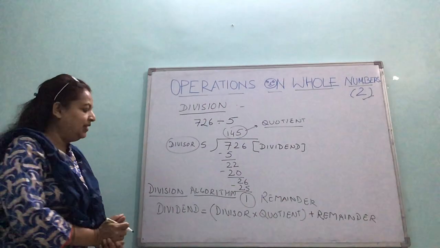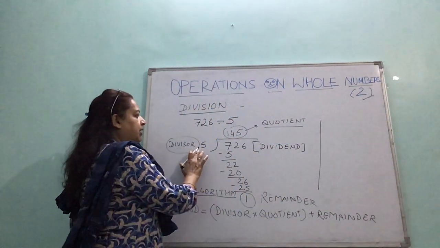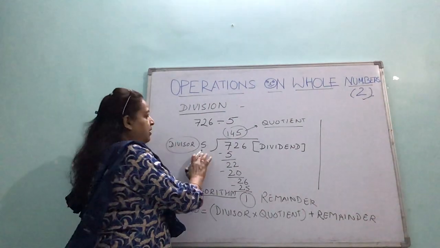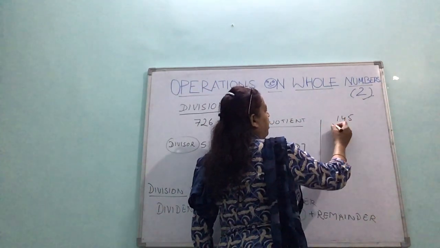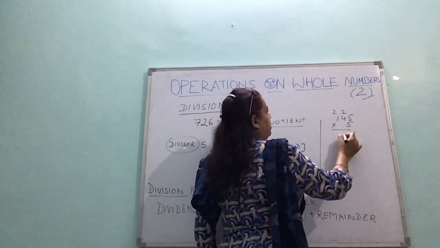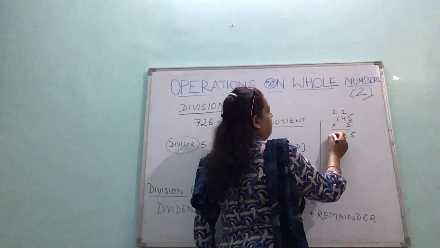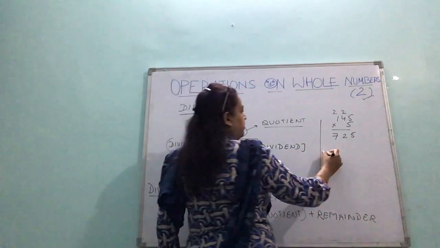Let's check it. I am doing the checking here. So divisor into quotient. Let's multiply. Divisor into quotient, 145 into 5. 2, 5, 22, 5, 7. And then add the remainder.